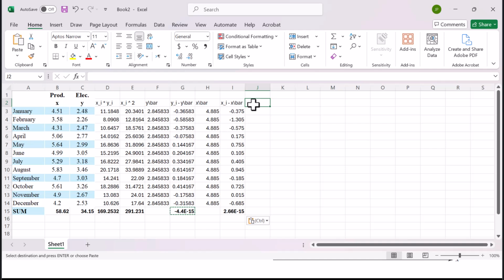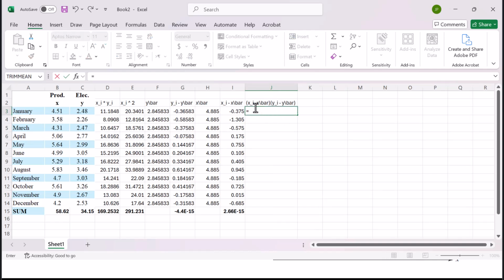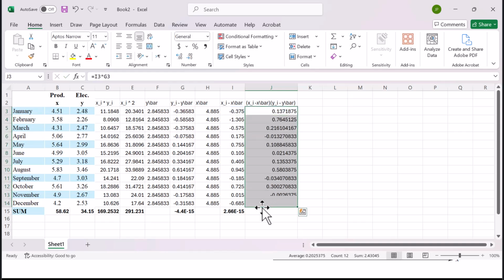The next one is xi minus x bar, and then yi minus y bar, right? So it means here, this value xi minus x bar, this one multiply yi minus y bar, and then we will calculate the sum for this one.